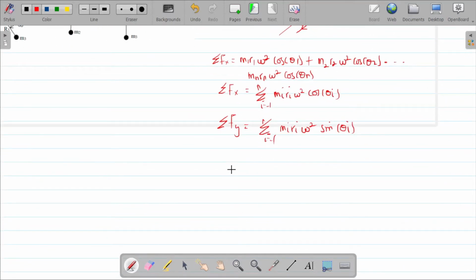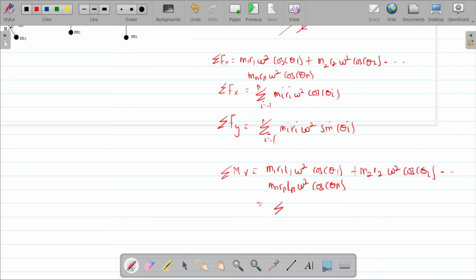Which is to say, the sum of moments for x will be m1 r1 l1 omega squared cos theta 1 plus m2 r2 l2 omega squared cos theta 2, up to mn rn ln omega squared cos theta n, which is similar to this, just that we are introducing L. So in general we have sigma mi ri li cos theta i, and for y we have sigma mi ri li sin theta i.